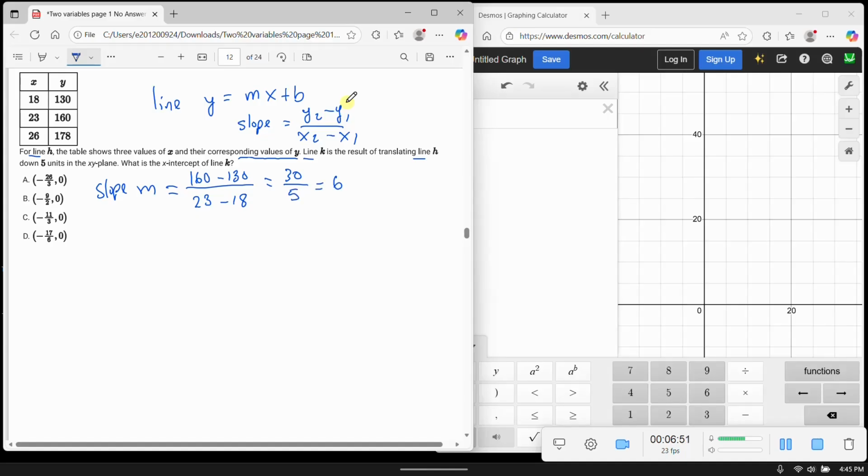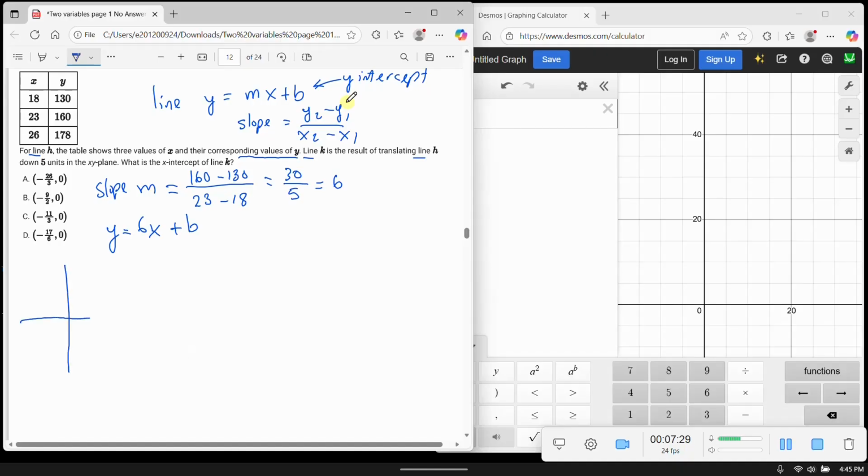So now I know that my line has a slope of 6, and I'm going to write it down as this. Now I need to know my y-intercept. So the b is the y-intercept, and I need to find it. Think about the graph, the x and y coordinate plane.